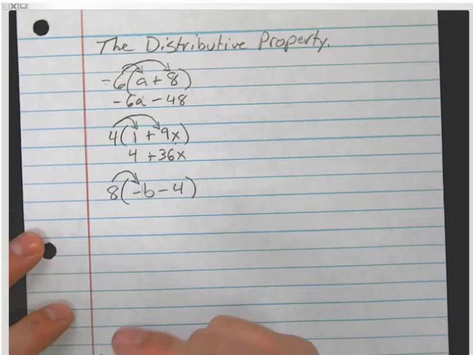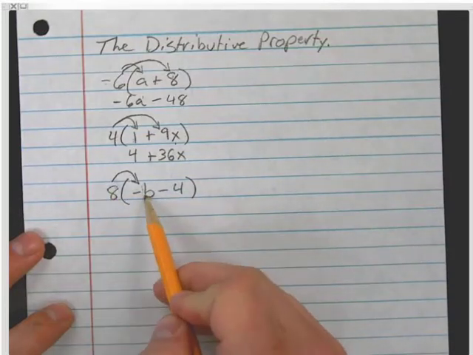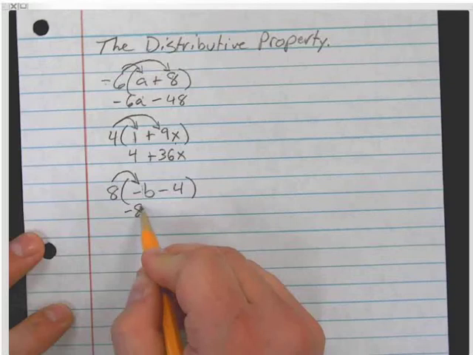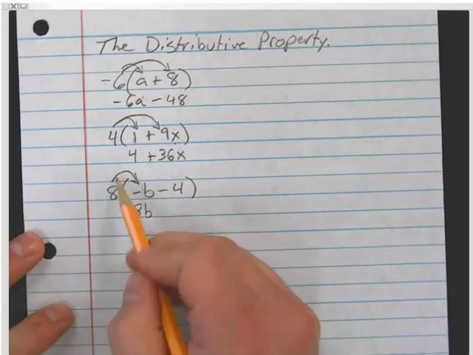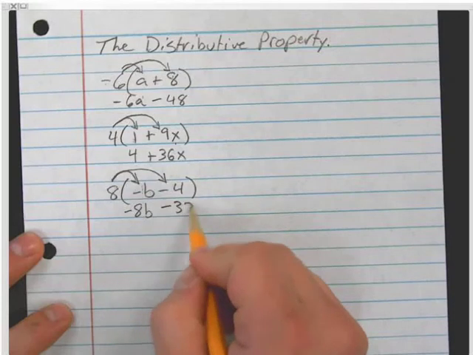In algebra we just don't write it, because it takes up space. I don't know, the mathematicians of the world decided not to write it, so we're not going to write it. We have 8 times negative b is negative 8b, and then our 8 times negative 4 is negative 32.